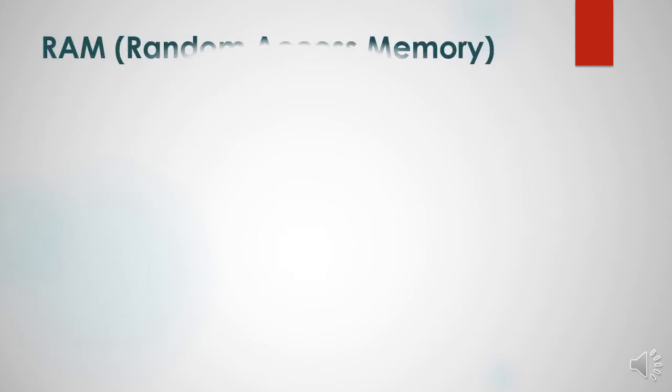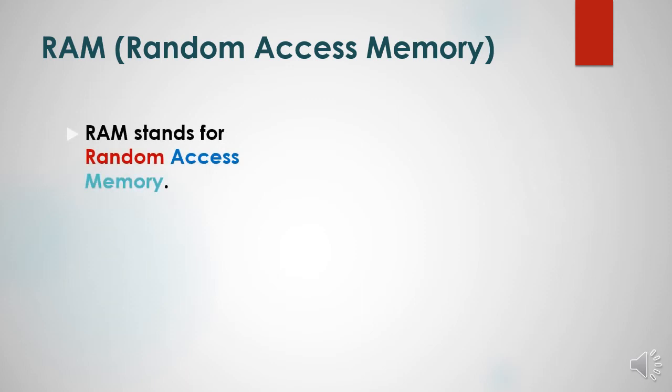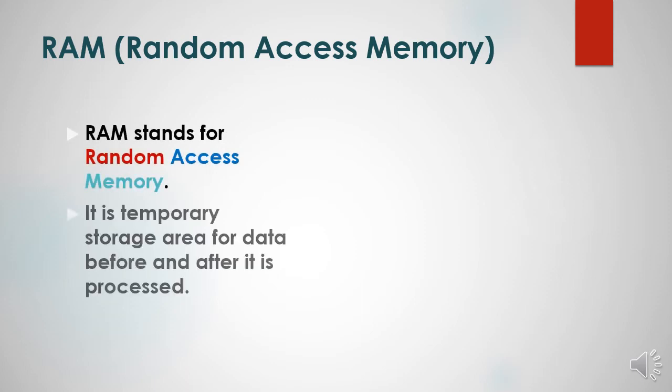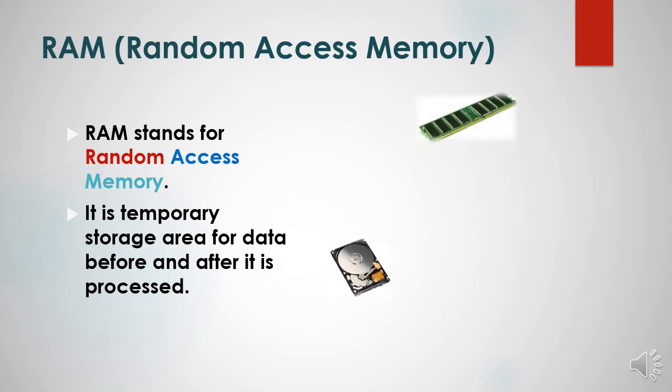RAM, random access memory. RAM stands for random access memory. It is temporary storage area for data before and after it is processed. I try to explain this point with the help of diagram. To clear the working of RAM, we need 3 devices: hard disk, RAM, and CPU.